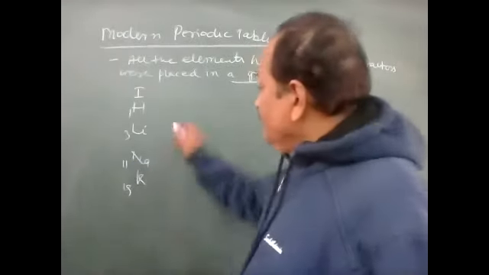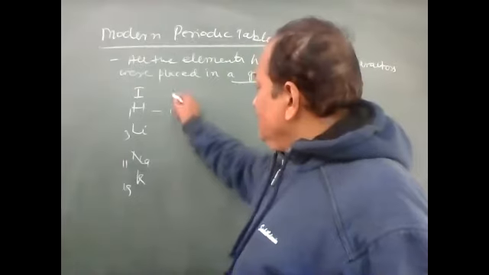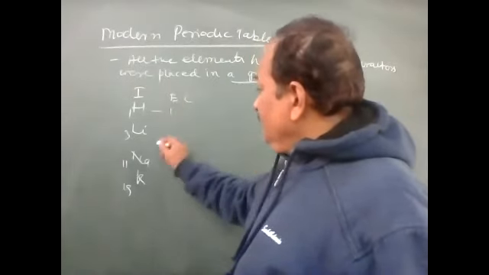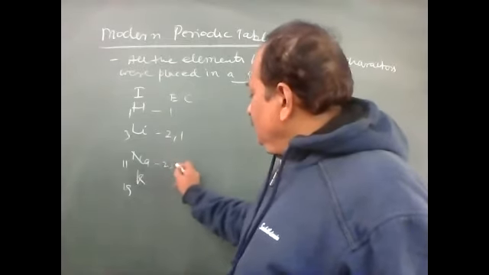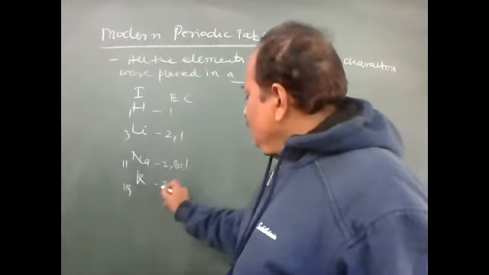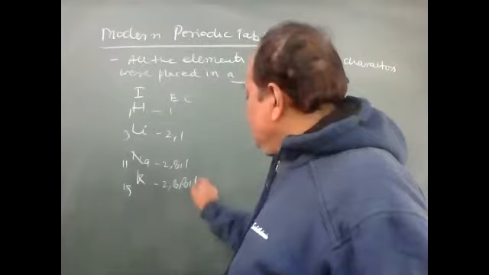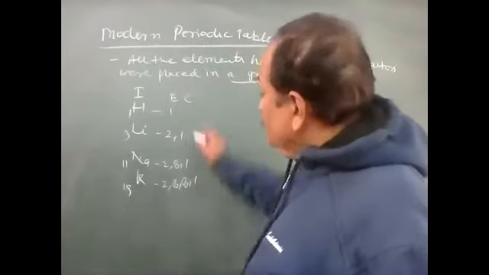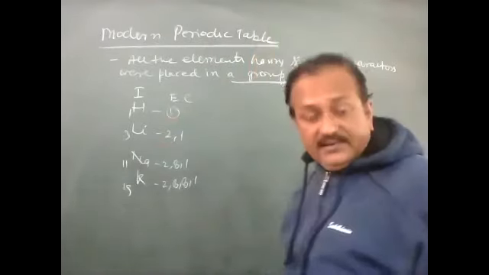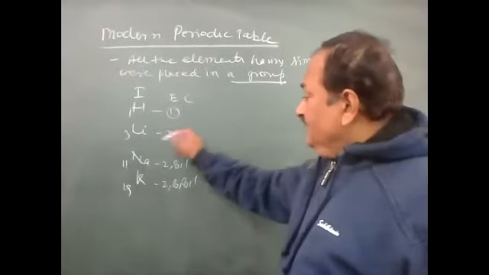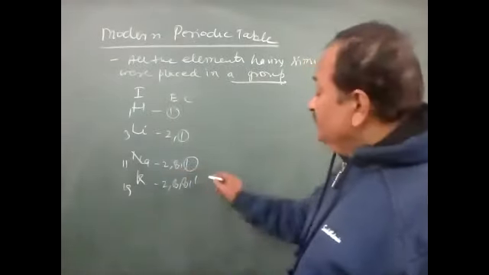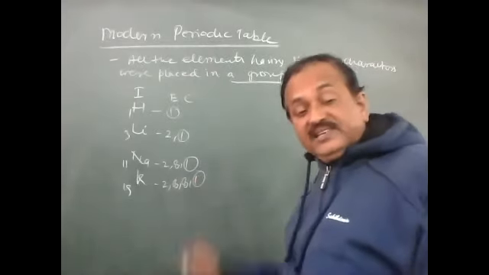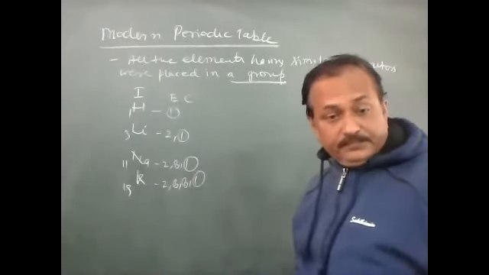And here is the electronic configuration: H is 1, then 3 is 2 and 1, 11 is 2, 8 and 1, 19 is 2, 8, 8 and 1. So this is the valence shell, 1 electron. So this is the first group.